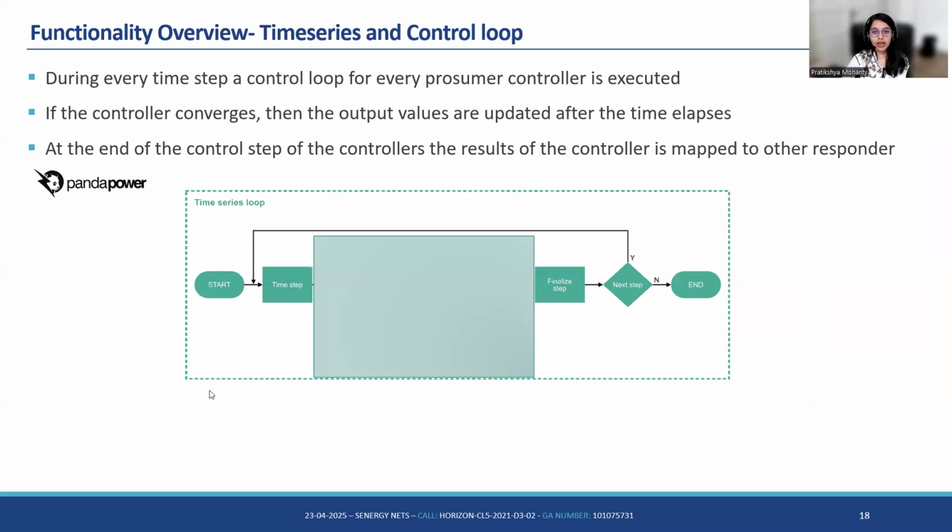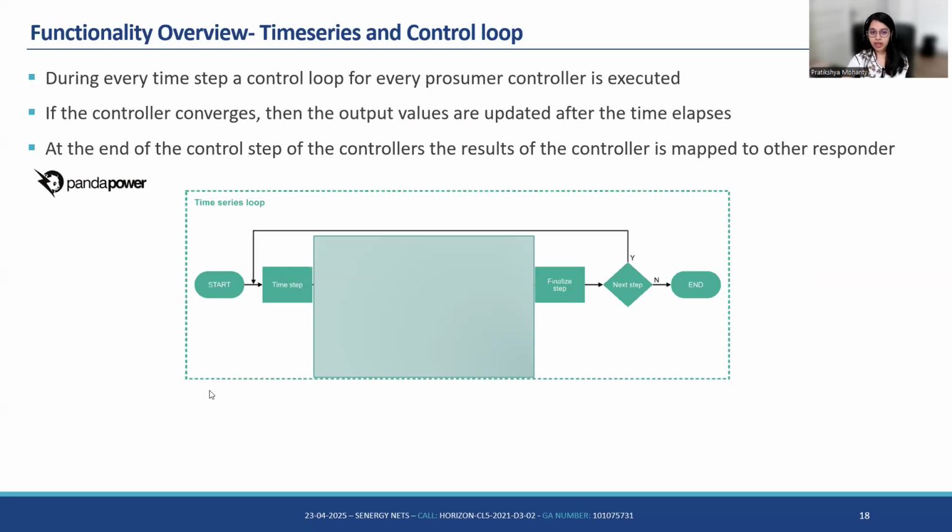Okay, what we have here is the Panda Power time series and control loop functionality. On the big box on the outside, what you see is the time series loop, which is a very simple time series simulation. It starts and there are certain time steps, and there is, of course, a data source, which can be a demand profile.